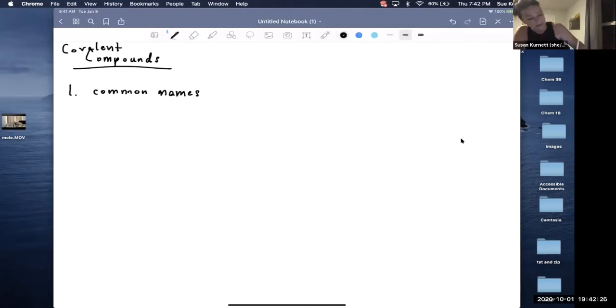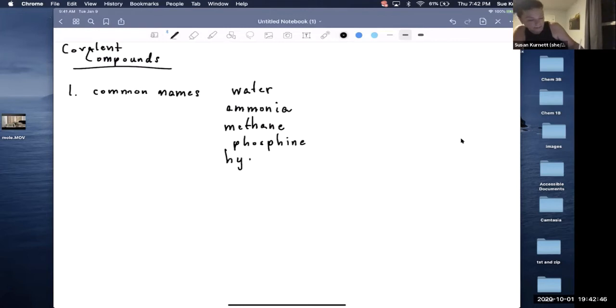And here they are: water, ammonia, methane, phosphine, and hydrazine. If you came to Zoom yesterday or if you watched the video, hopefully you've made flashcards or you're already memorizing these formulas. Water's easy. Hope you see that one on the test. Ammonia.